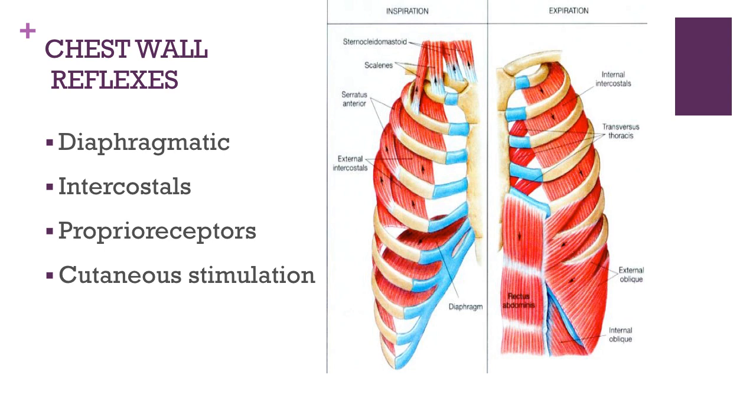So they'll sense changes in rib position and tension across joint spaces, as well as stretching within the skin itself, cutaneous type stimulation. And this increased stimulation of the respiratory muscles is what helps to augment our muscle contraction and our ventilation.